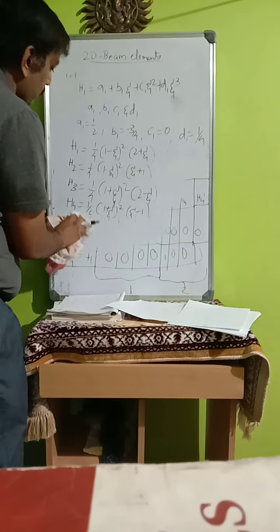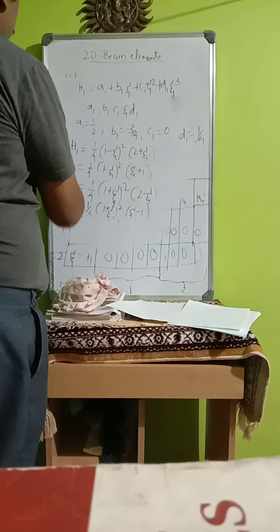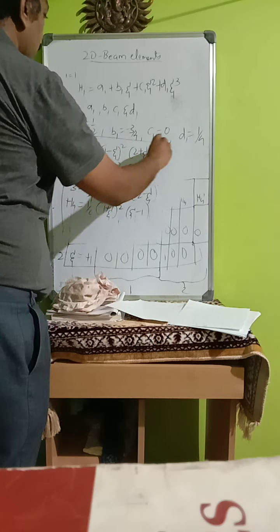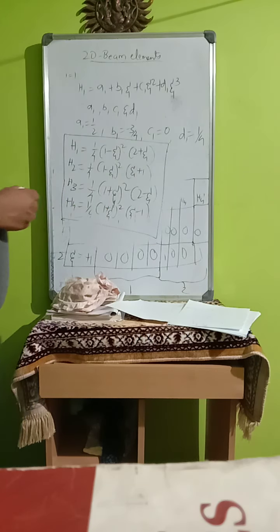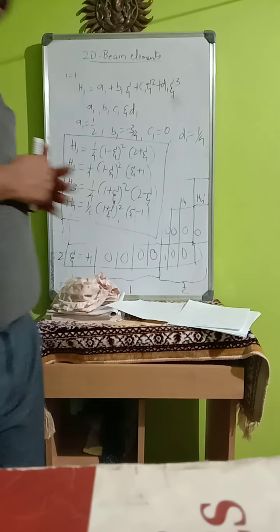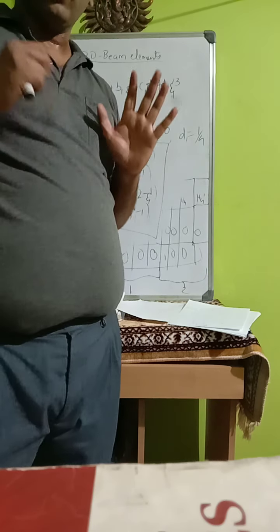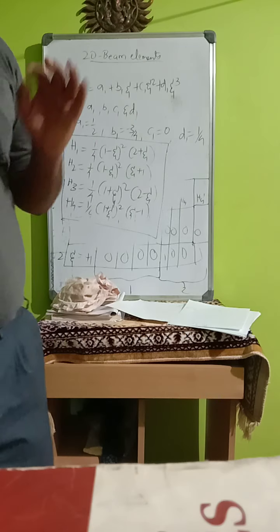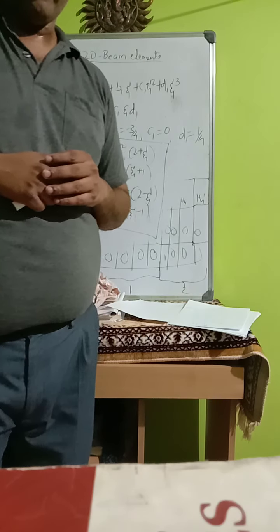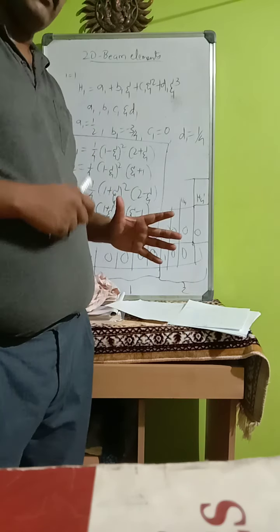So these four shape functions are the required Hermite shape functions for the beam element.